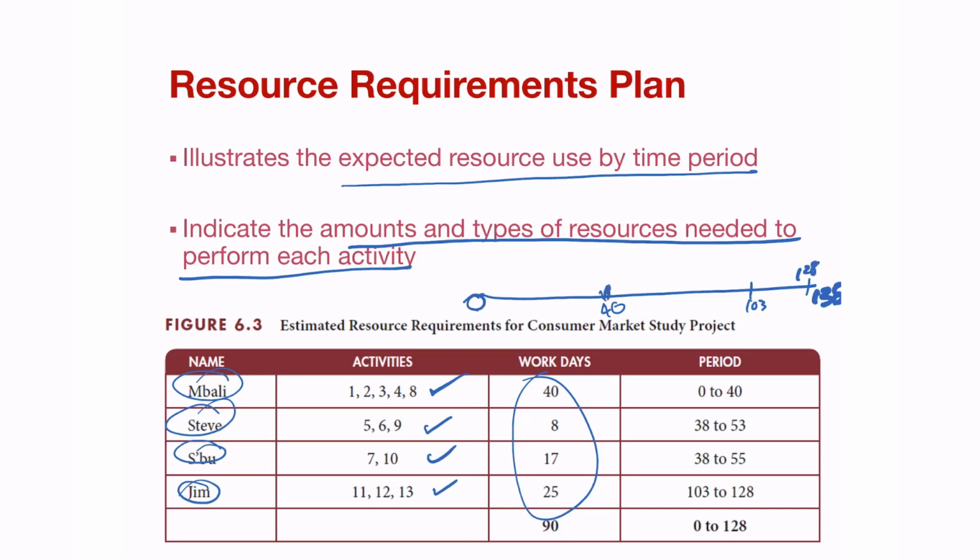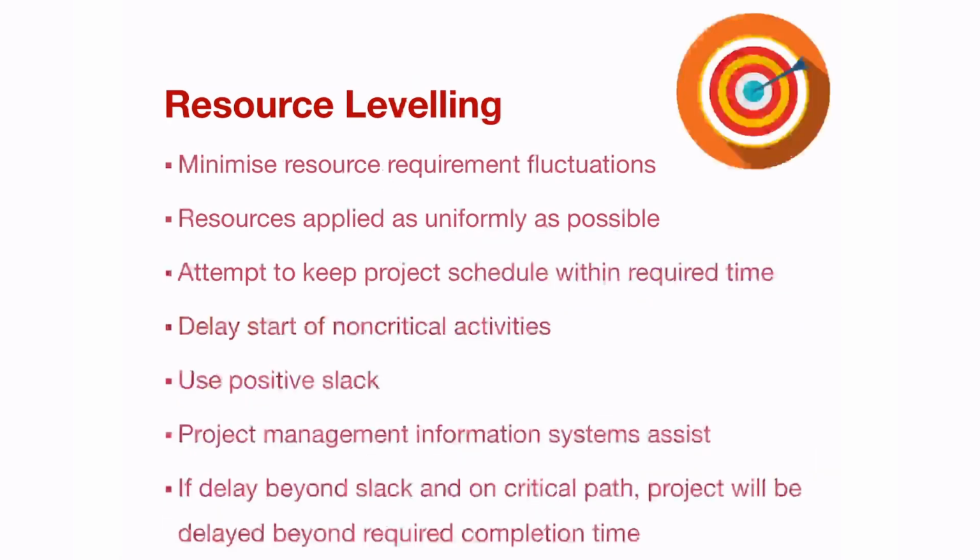So the question is, do we employ Jim for the entire period of the project, even though he won't be busy during the beginning of the project? Or do we ask Jim to do the same things that Mbali is doing from day 0 to 40, and again from day 103 to day 128? It all depends. And that brings us to resource leveling.